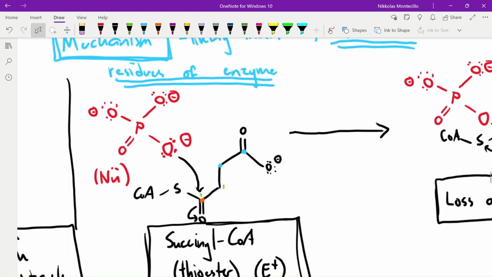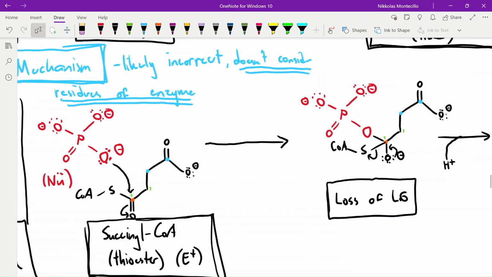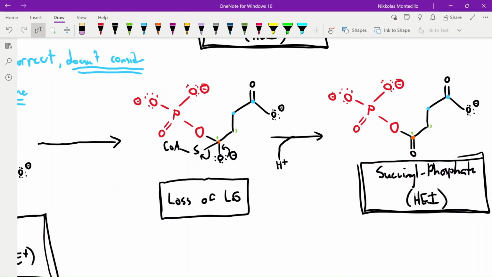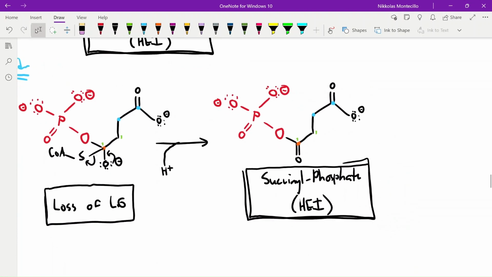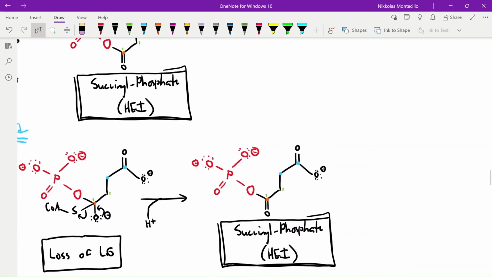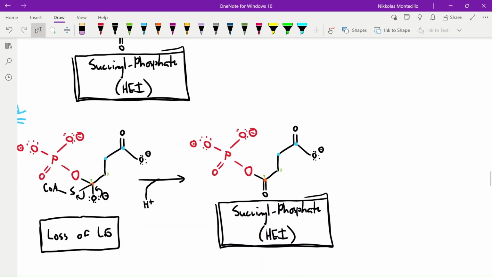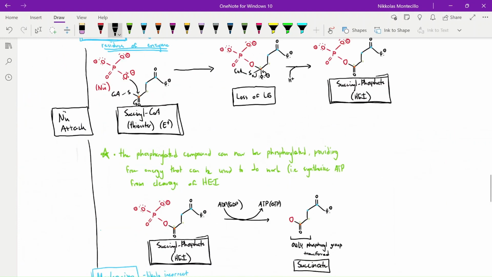So I believe here that the phosphate group nucleophilically attacks the carbon sp2 atom, which allows for an arrow pushing mechanism. And then we can see that there's the loss of the leaving group, which in this case would be the succinyl-CoA group, which under acid catalysis could reform succinyl-CoA, and what we're left with is the intermediate product, succinyl-phosphate, or the high energy intermediate.